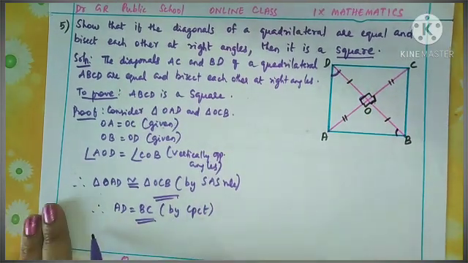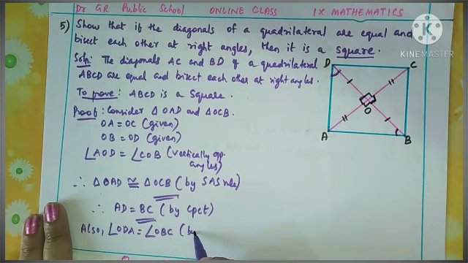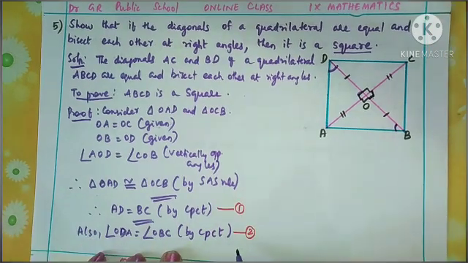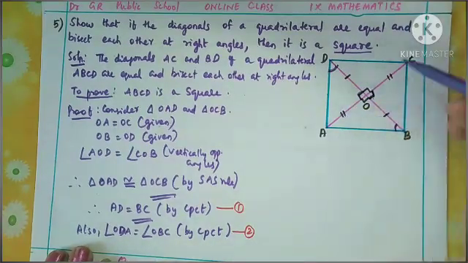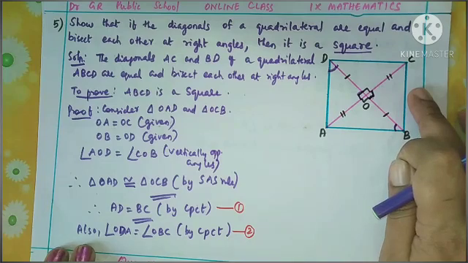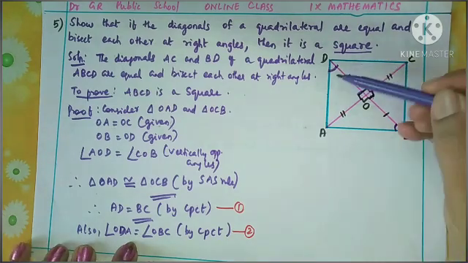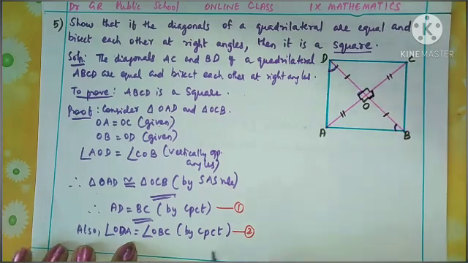So I am writing, also angle ODA is equal to angle OBC by CPCT. So by CPCT we got these two results: AD equal to BC, opposite sides equal, and the corresponding angles also equal by CPCT.